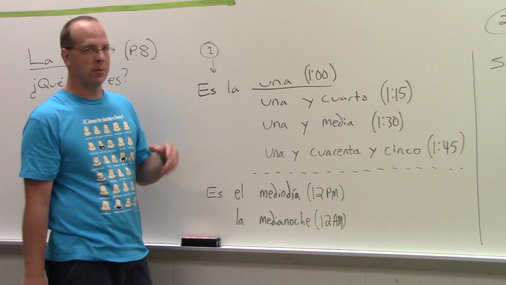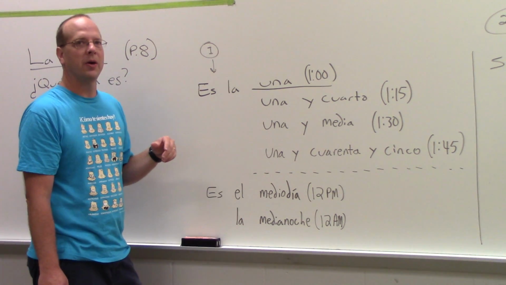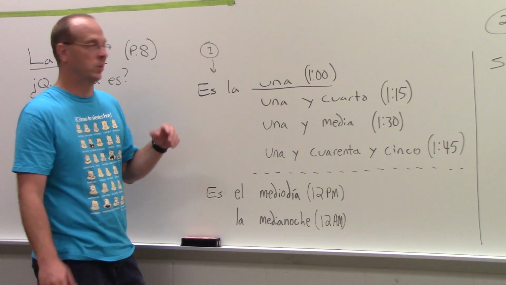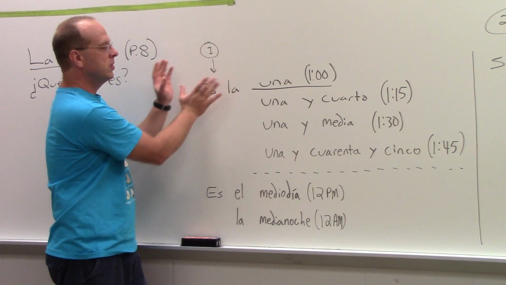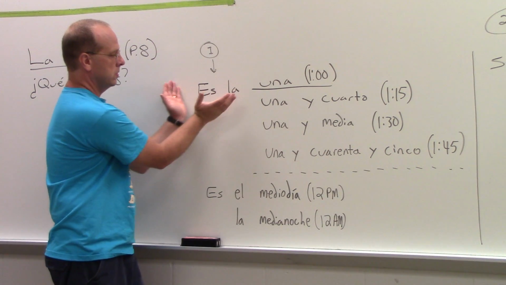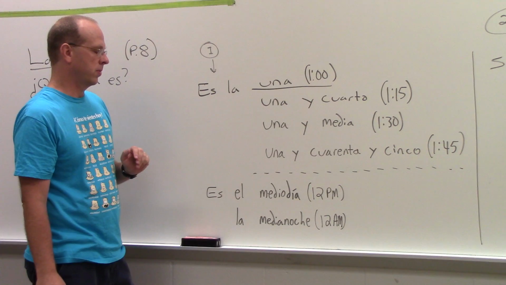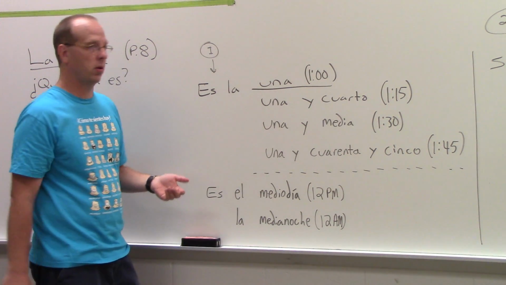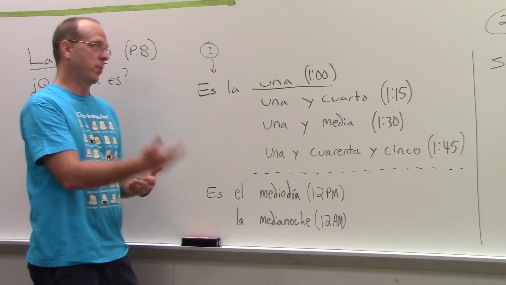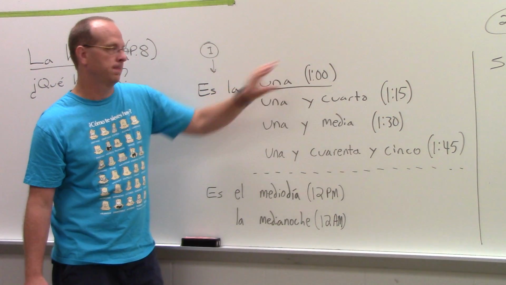Of the 24 hours, you only use es la for one of those 24, or as we go with the traditional clock, one of the 12, because after 12 o'clock you go back to 1. Es la una.